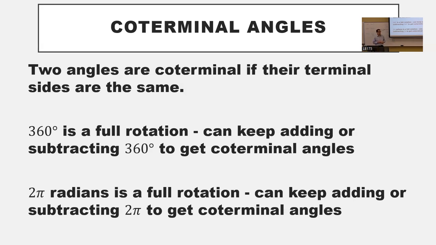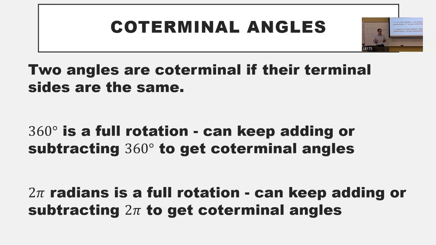Their terminal sides are all pointing in the same direction. And we can do the same things with radians as well. We can just keep adding 2 pi radians over and over and over and create coterminal angles, or subtract 2 pi radians over and over and over and create coterminal angles.